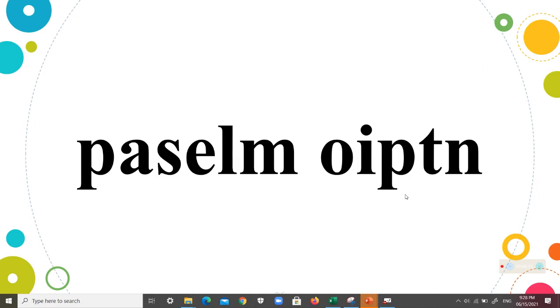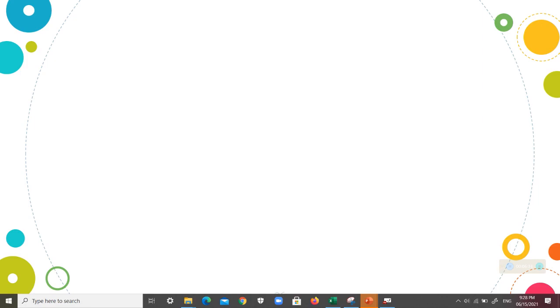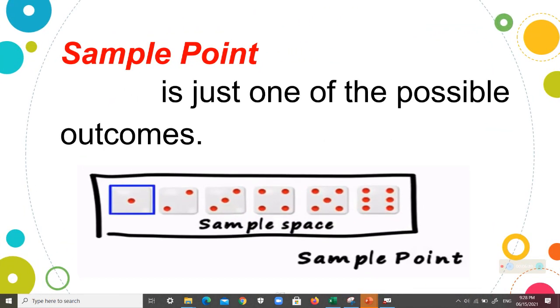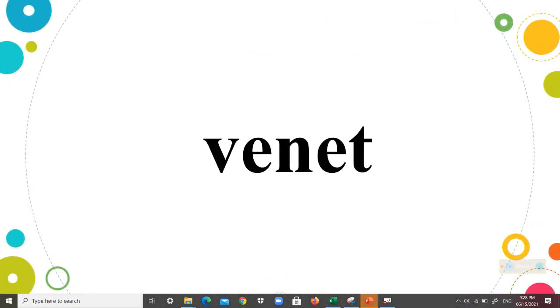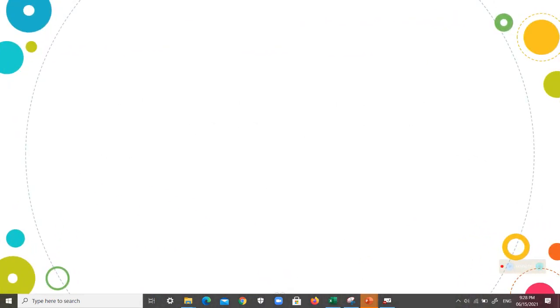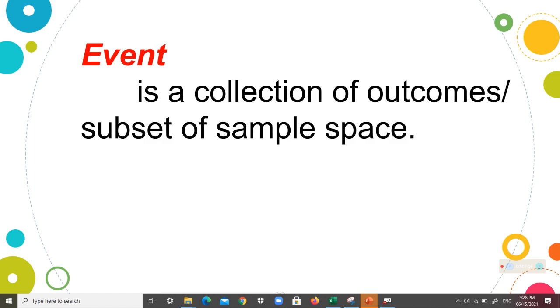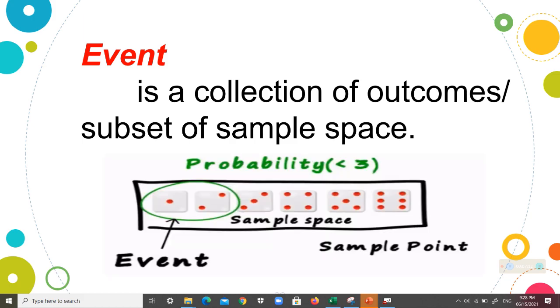How about this word? This is sample point, correct. When we say sample point, it is just one of the possible outcomes. As we have here the sample space, one of those in the sample space is the sample point. So we have here the blue one with 1 as your sample point. How about this word? The word here is event. When we say event, it is a collection of outcomes or a subset of a sample space.